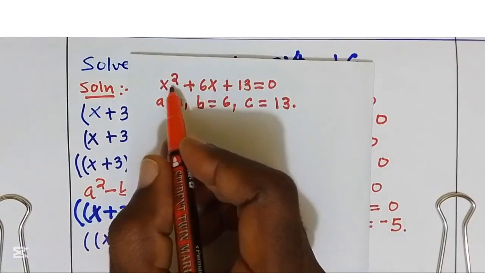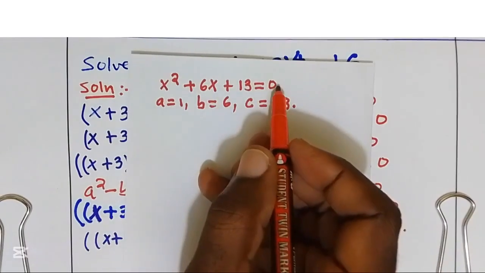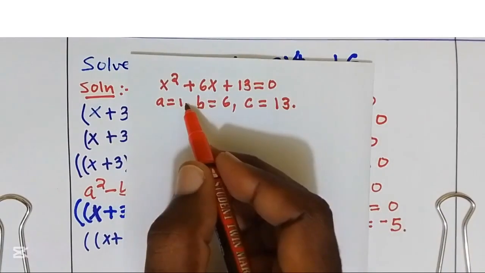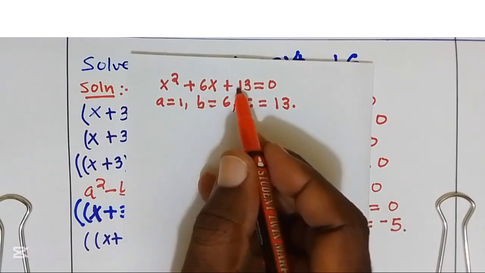Let us solve x^2 + 6x + 13 equal to 0 by using the general formula, where a is equal to 1, b equal to 6, and c equal to 13.